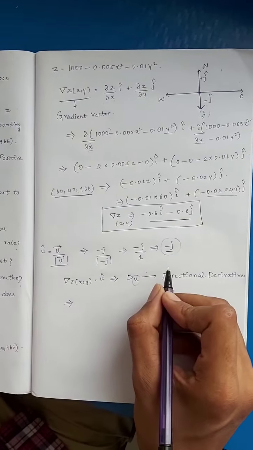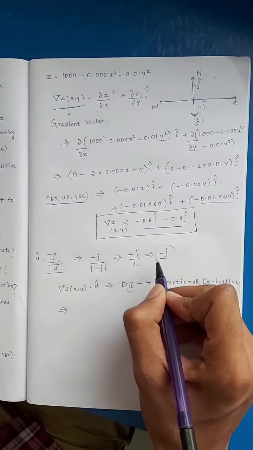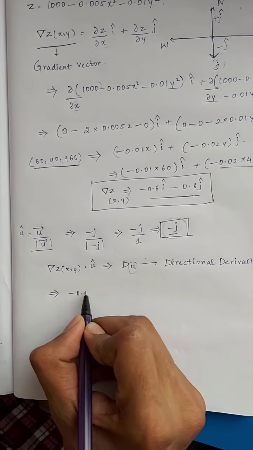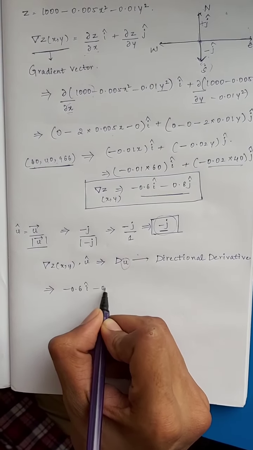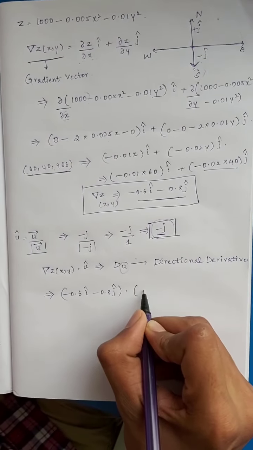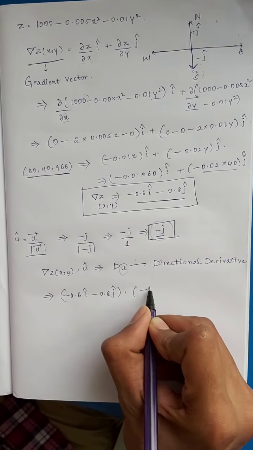So let us take the dot product between these two. It would be minus 0.6 i cap minus 0.8 j cap dot minus j cap.